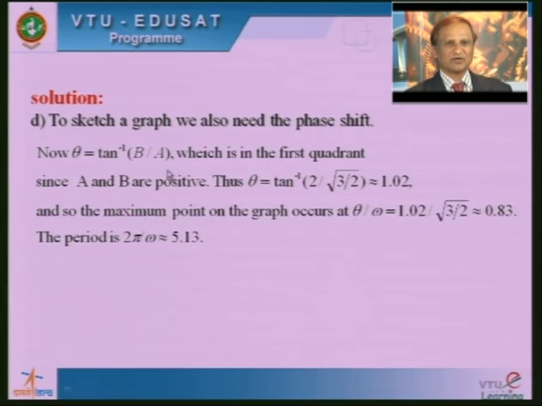In exactly the same way we want to draw the diagram of the curve, because the last part of the given problem asks us to draw the diagram. To sketch a graph we also need the phase shift.